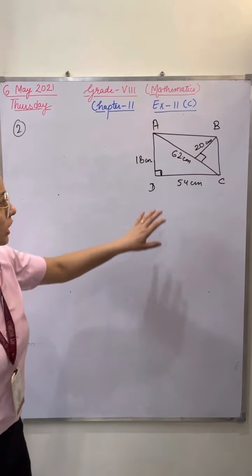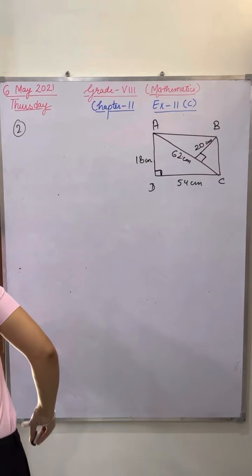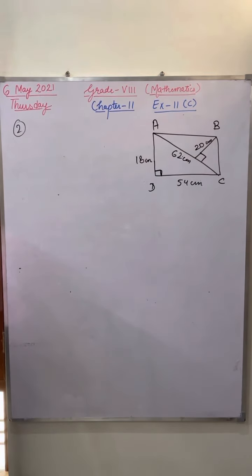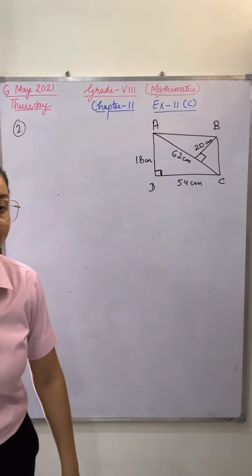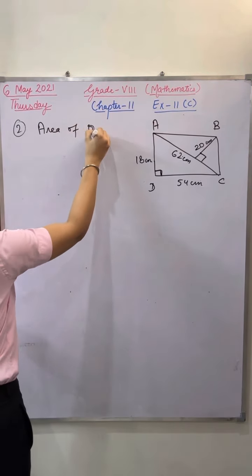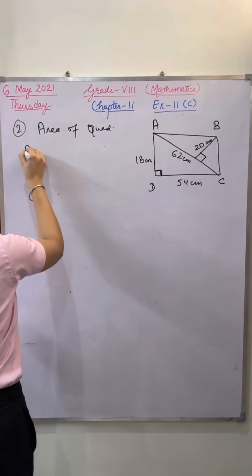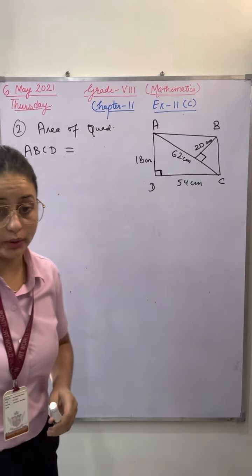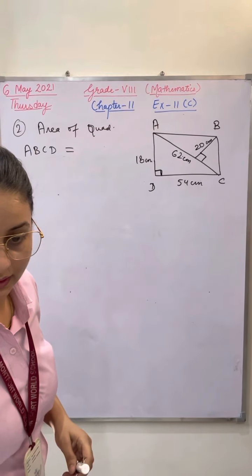Now you have to take out what they are asking. The measurements are given on the figure itself. Find the area of quadrilateral ABCD. Now you have to tell me which areas we can assume.